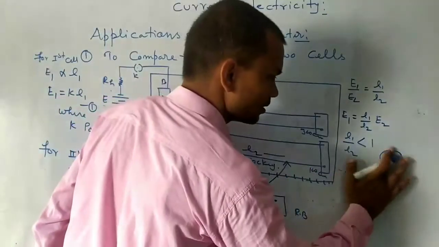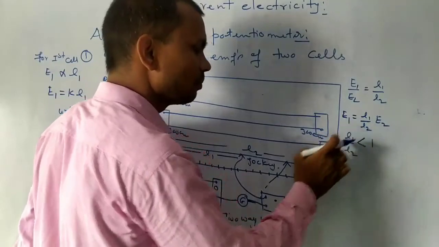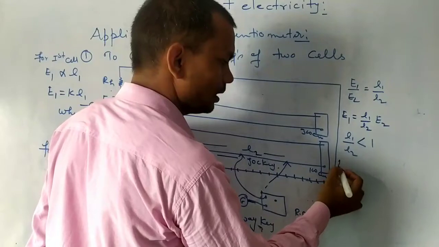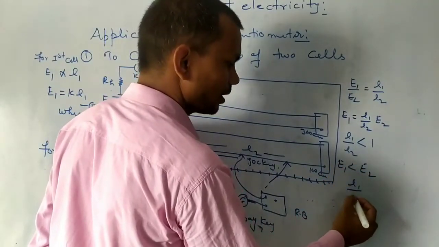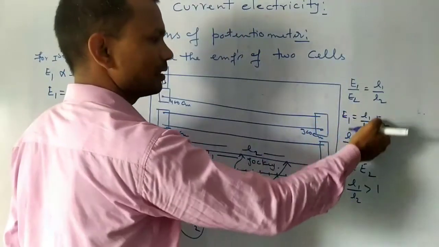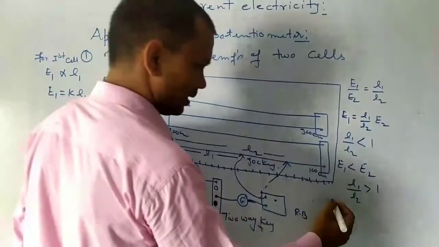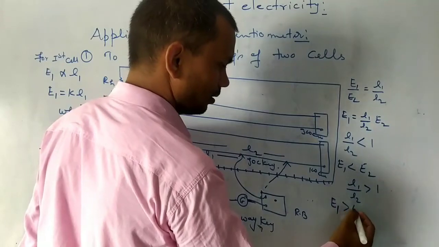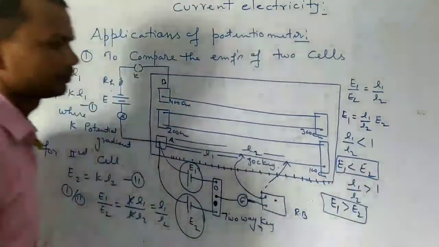So if the ratio of both lengths is less than 1, then E1 is less than E2. Second condition: if L1 upon L2 is greater than 1, suppose 1.1 or 1.2, in that case E1 is greater than E2. These two conditions are there.